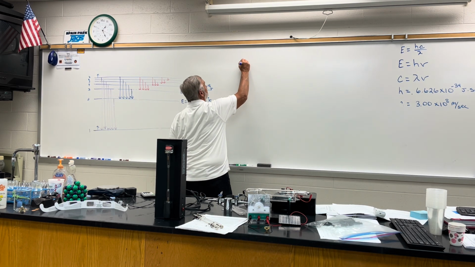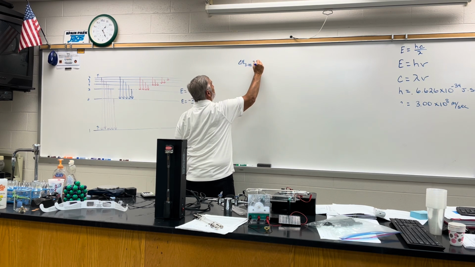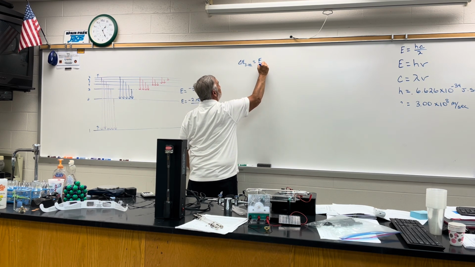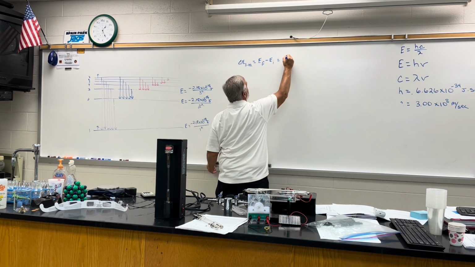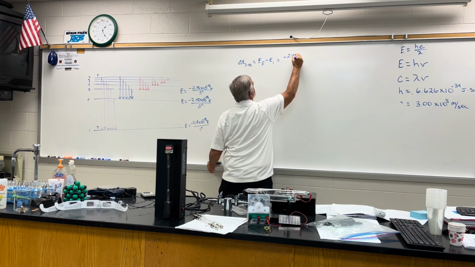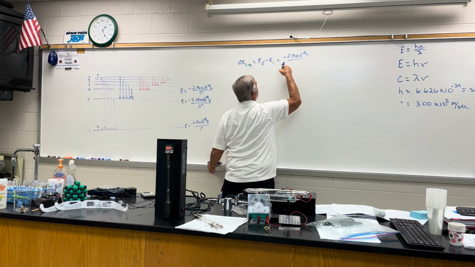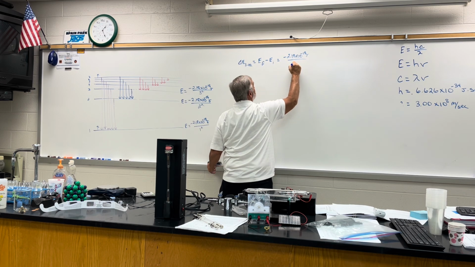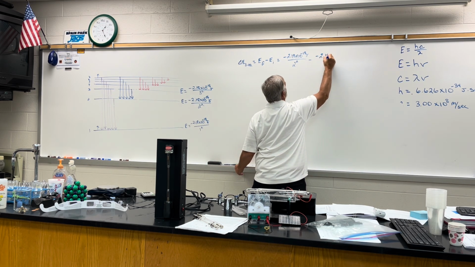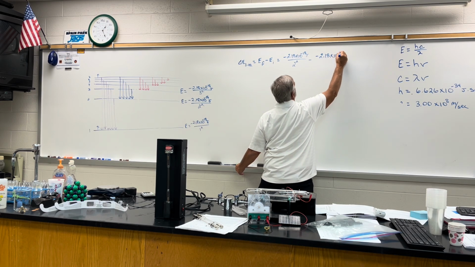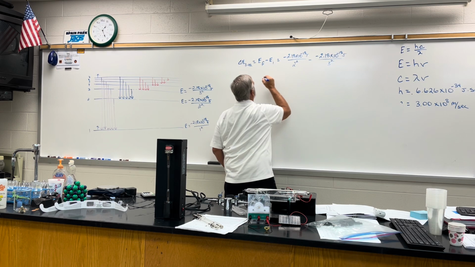So we can say then, okay, you guys all have that. Delta E from 3 to 2, and he found it's always E final minus E initial. So it's going to equal negative 2.18 times 10 to the minus 18th joules over final, which is 2 squared, minus negative 2.18 times 10 to the minus 18th joules over 3 squared.